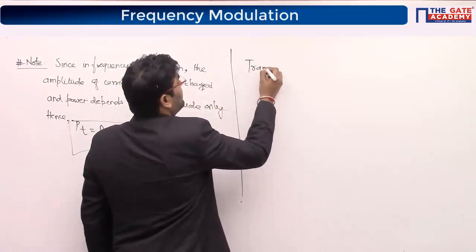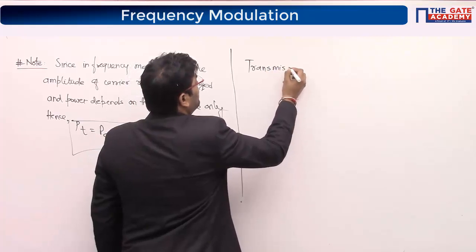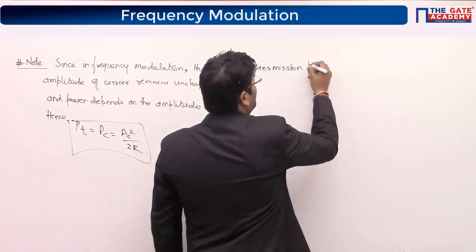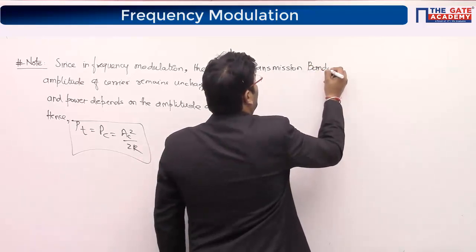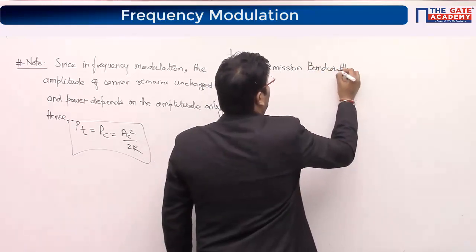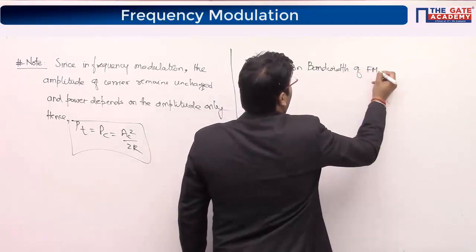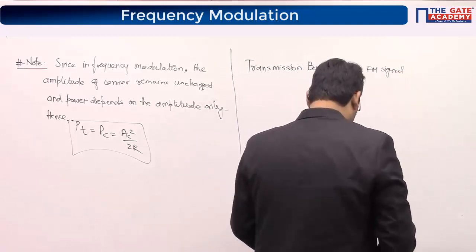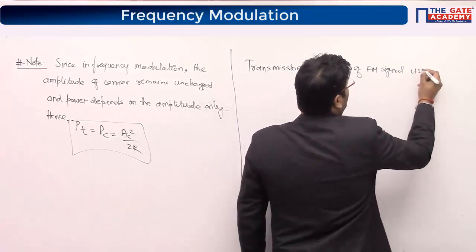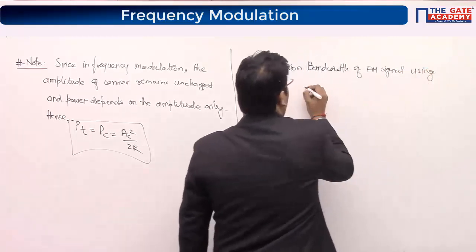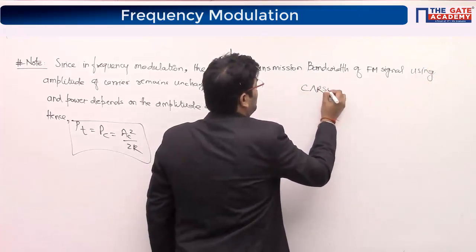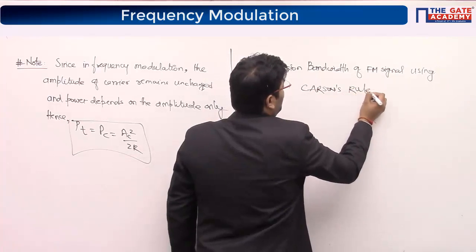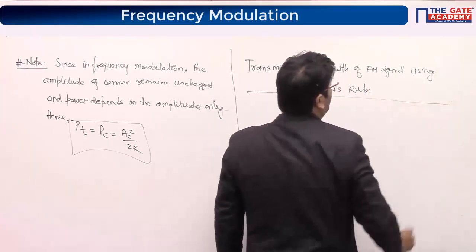So write the heading: transmission bandwidth of FM signal using Carson's rule.